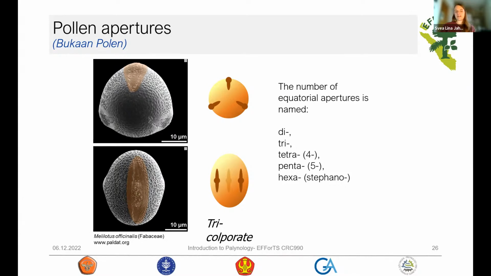And we abbreviate this with, for example, here 3-colporate. But it can also be 2, so di, 4, so tetra, 5, penta, and so on. Right? So yeah, it always depends on the type of pollen that you have in front of you, but it can help you to actually come to, for example, a certain type of genus.